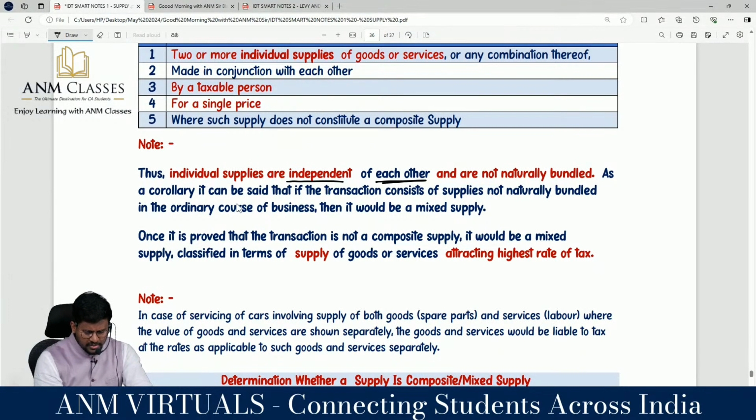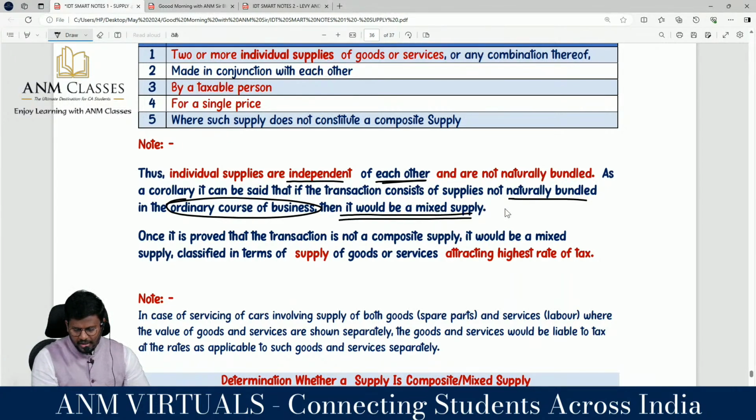As a corollary, it can be said that if the transaction consists of supplies not in a bundle in the course of business, then it would be a mixed supply. In a mixed supply there is no bundle, but in a composite supply there is a bundle. Once it is proved that the transaction is not a composite supply, it would be a mixed supply.